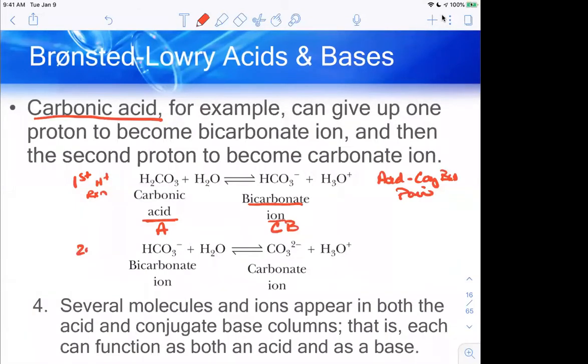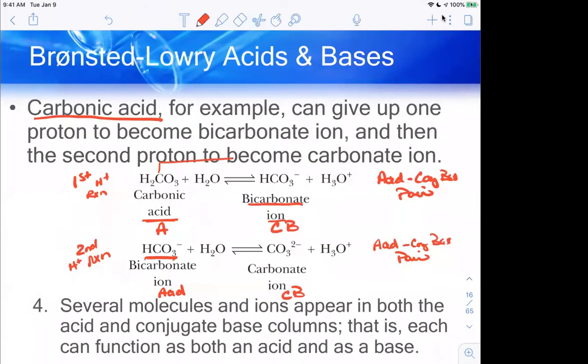This is my second proton transfer reaction. This is now my acid, and this is now my conjugate base. So this is another acid conjugate base pair. It loses its protons sequentially, stepwise.